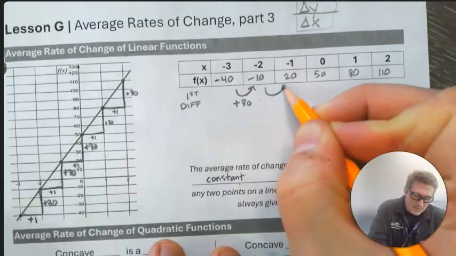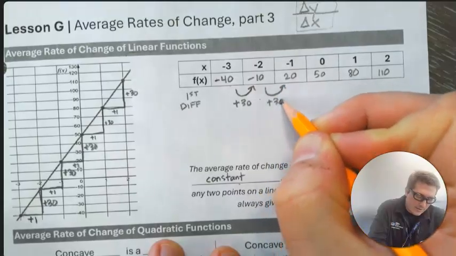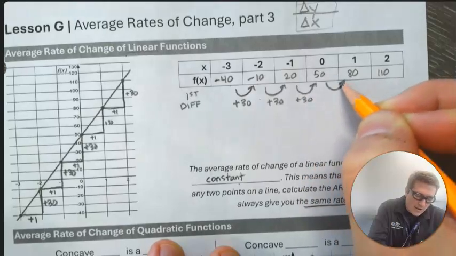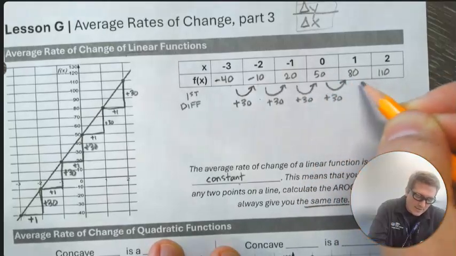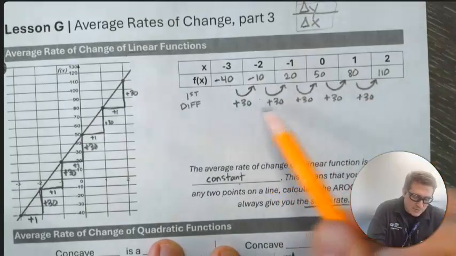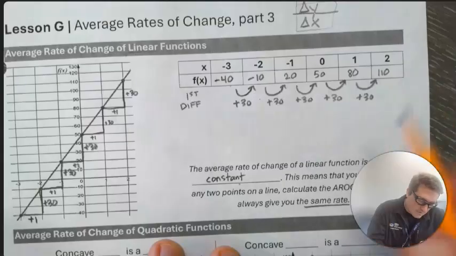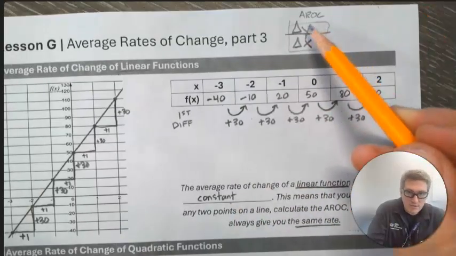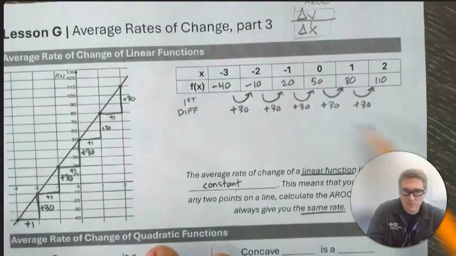To get from negative 10 to 20, I added 30. To get from 20 to 50, I added 30. No matter what happens, I get the same number. It's evenly spaced. My first difference is constant. So a linear function has a constant average rate of change. It also has a constant first difference.